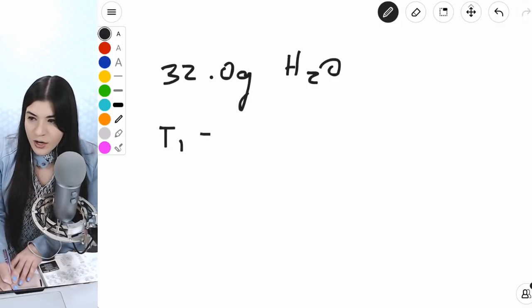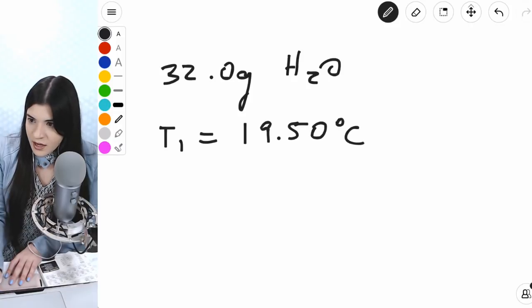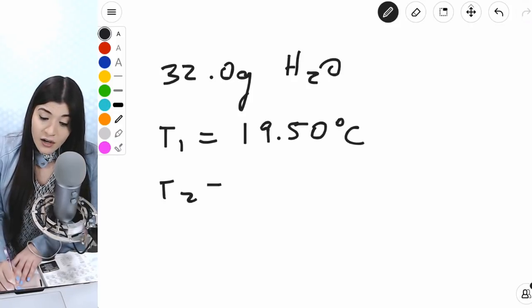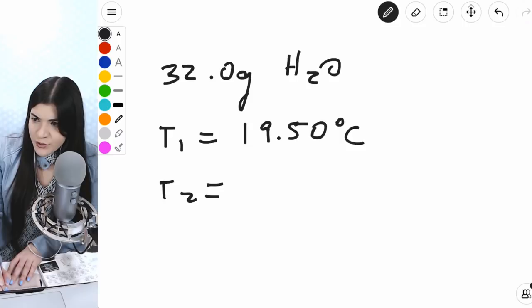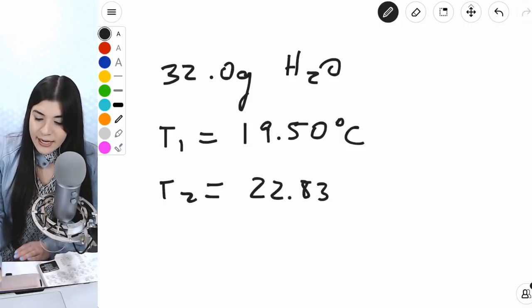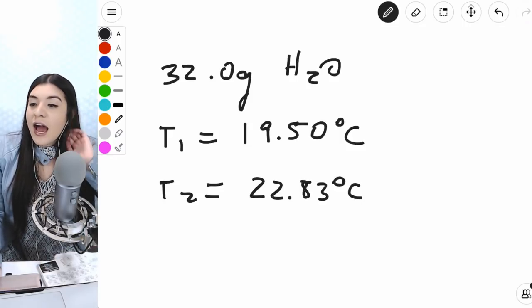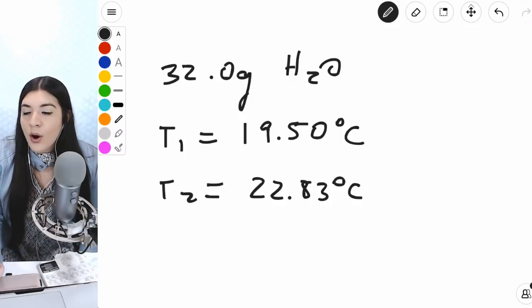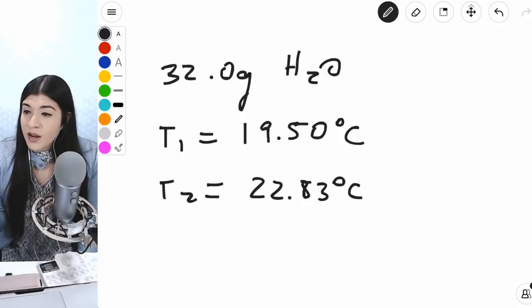So we're going to start off with our initial temperature at 19.50 degrees Celsius. And then our final temperature is 22.83 degrees Celsius. How much heat is absorbed by the water? Okay. In a calorimeter, the temperature of that amount of grams.